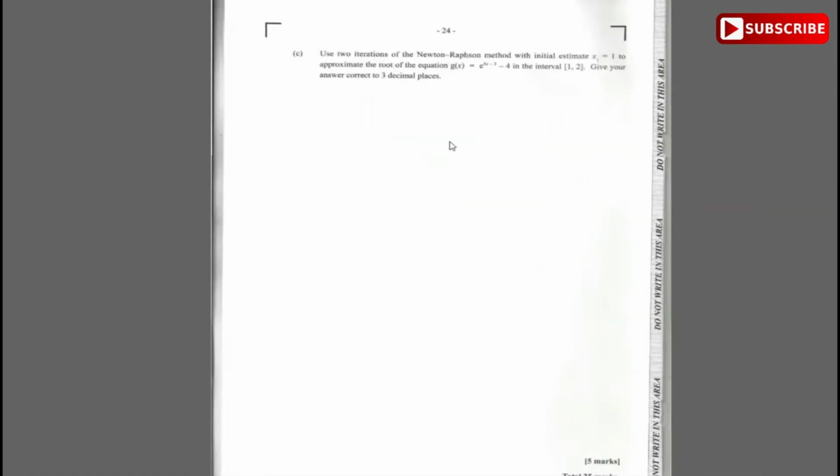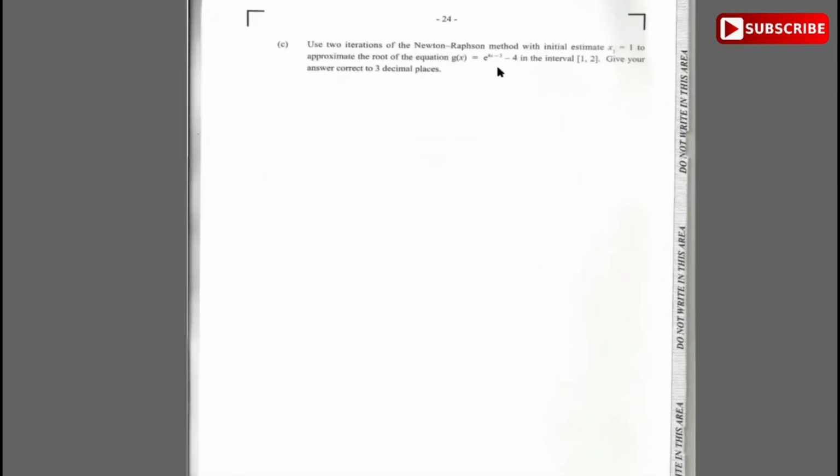So it says use 2 iterations of the Newton-Raphson method with initial estimate x1 to approximate the root of the equation g of x being e to the 4x minus 3 minus 4 in the interval 1, 2. Give your answer correct to 3 decimal places. Now the key thing is, use 2 iterations, meaning we're going to do it twice, right?